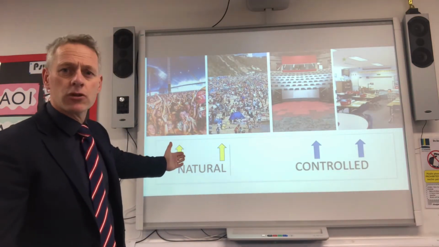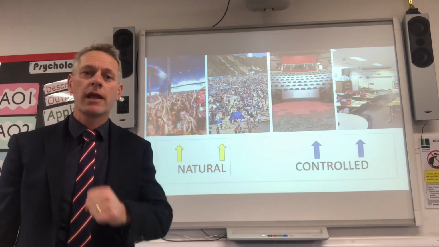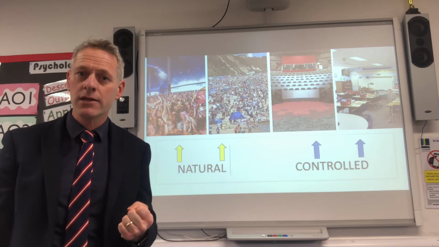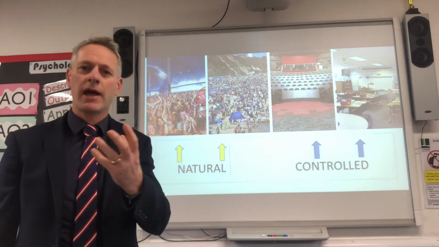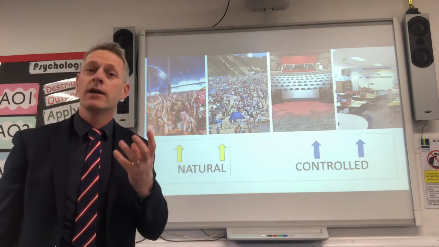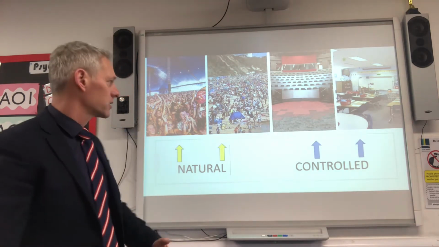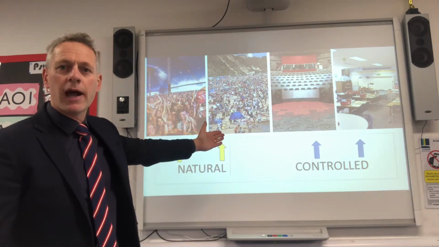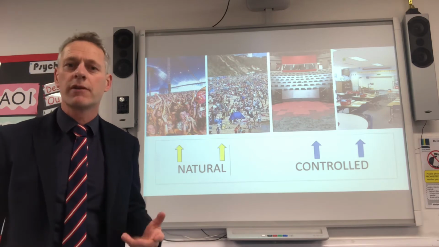A natural observation, a bit like a natural experiment, takes place in a real world setting where we don't manipulate anything. We just allow the behaviour that would already be there to go ahead and we observe it. Okay, let's take two examples. Behaviour at the beach, at the seaside. People are already there, we're just observing behaviours.